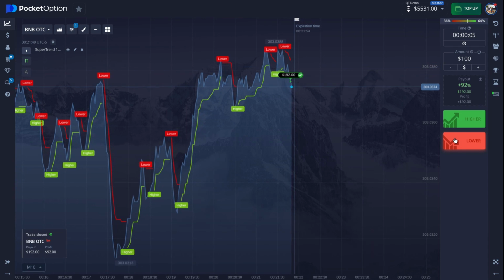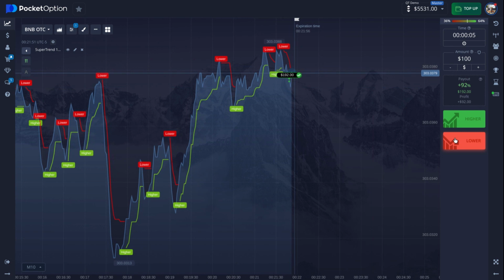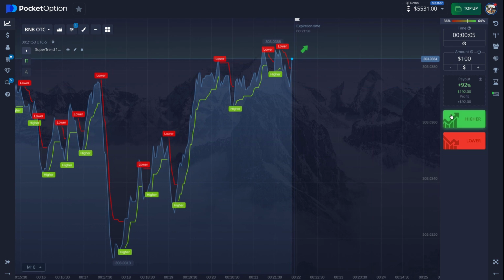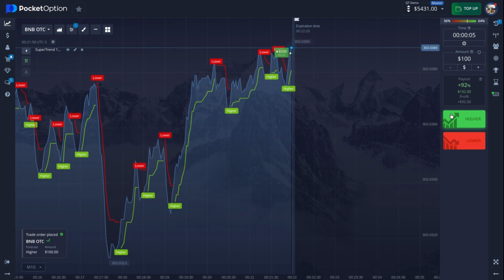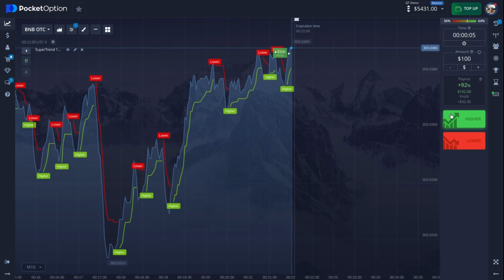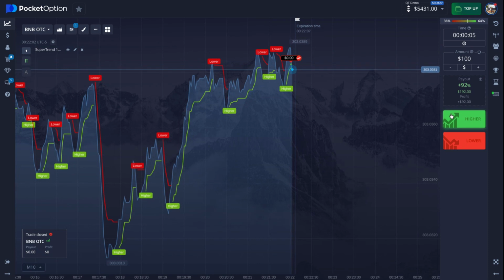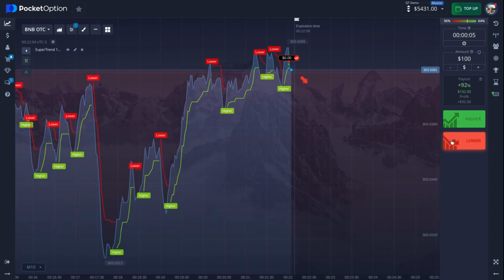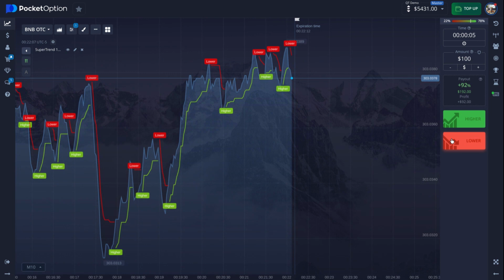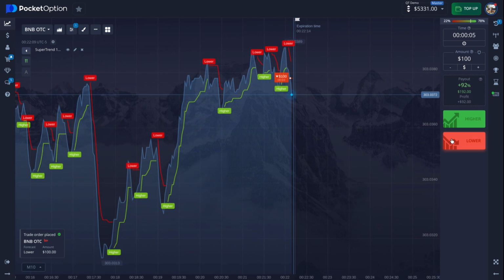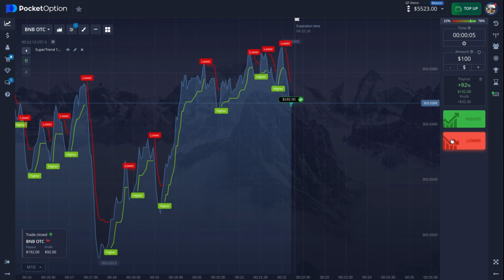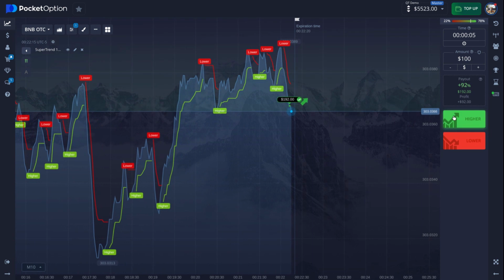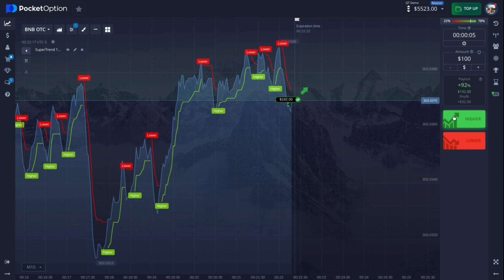Four, 2, and 1. Of course, these markets are real jittery. We lost that one at the last second, so 4, 3, and 1. 5, 3, and 1. So we're at 50%.